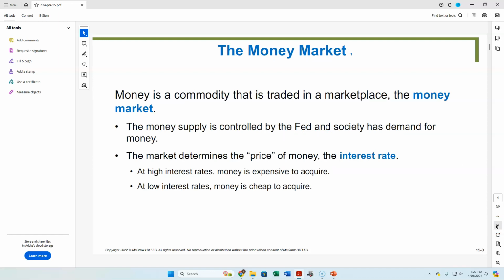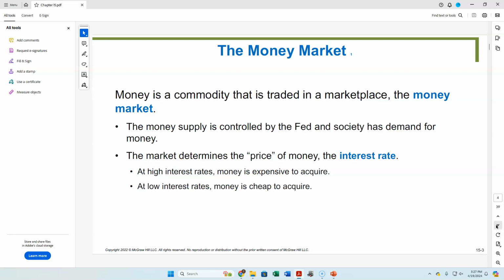So when we talk about the control or the power that the Federal Reserve has, it all comes down to the level of control that the Federal Reserve has over the money market. Now, what is the money market? The money market is essentially where savers, who obviously have deposits, and borrowers, who need loans, who need money, meet.